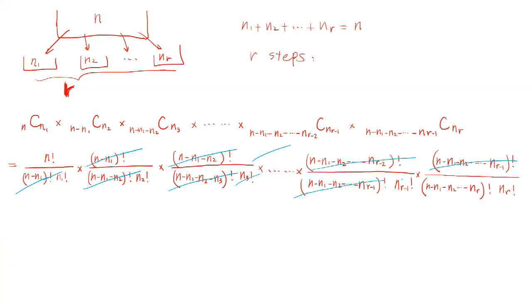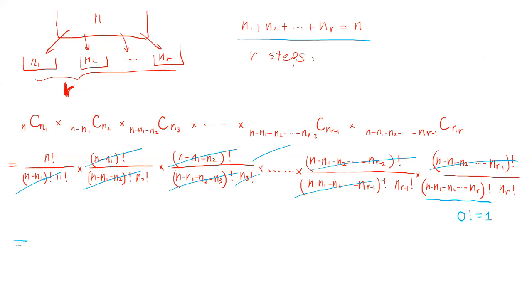Note that n minus n1 minus n2, etc., minus nr is actually 0, because the sum of n1 to nr is n. So this is 0 factorial, which is 1, right?